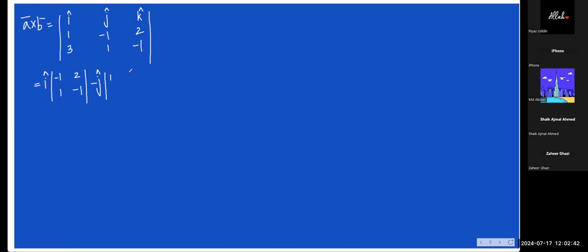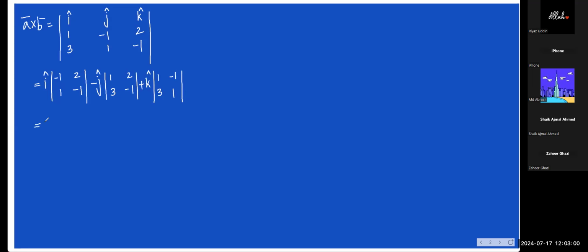Then plus k cap times the determinant of 1, minus 1, 3, 1.